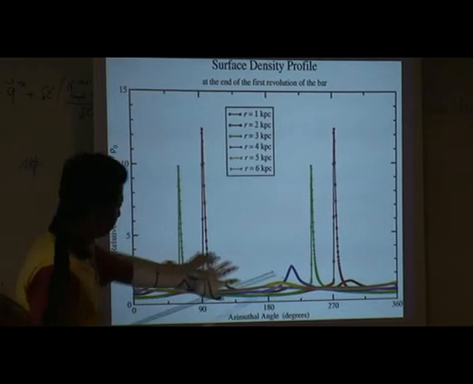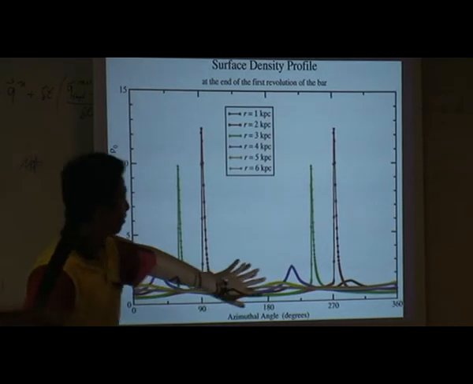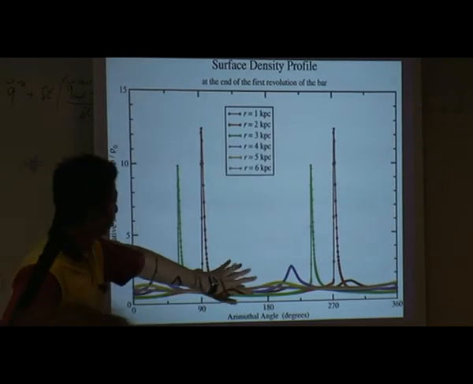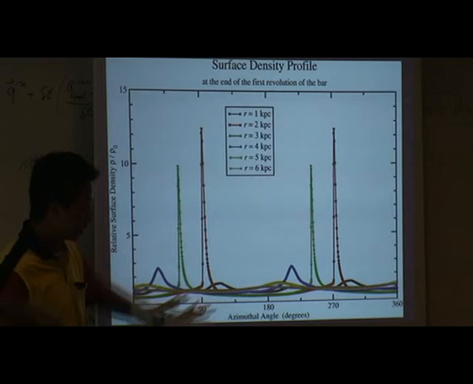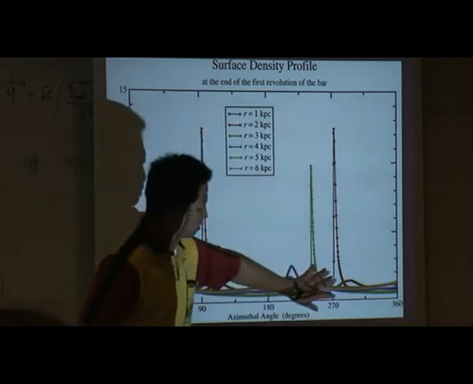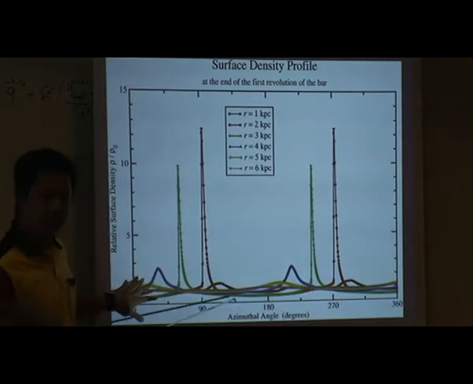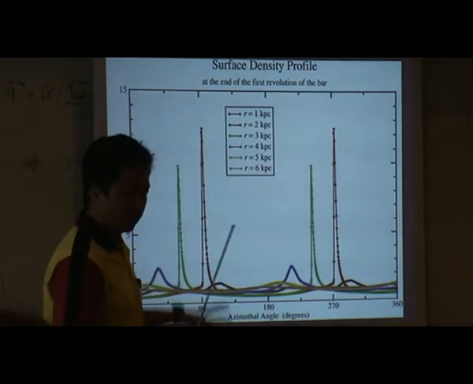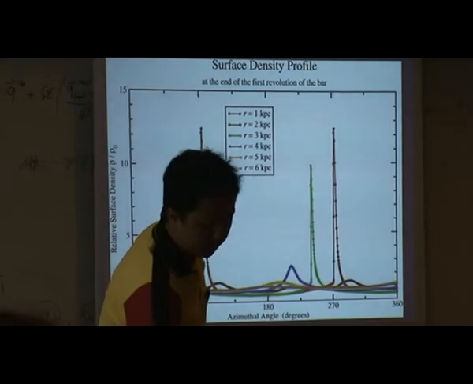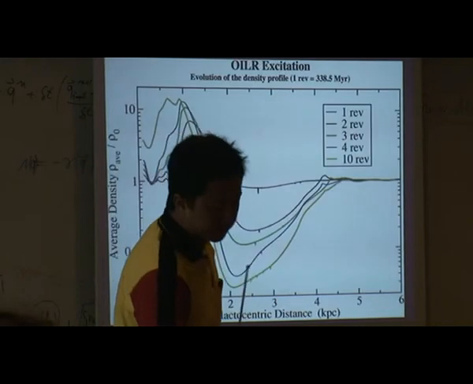If you go to the central region, for example, less than 2 kiloparsecs, the spiral waves become very linear. So going from very nonlinear to linear region is also another distinct feature of this system.